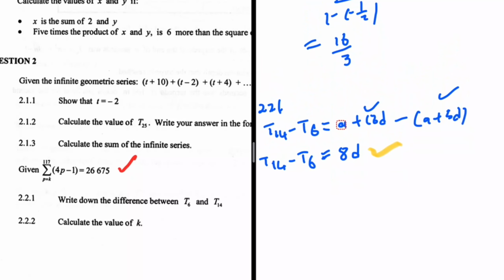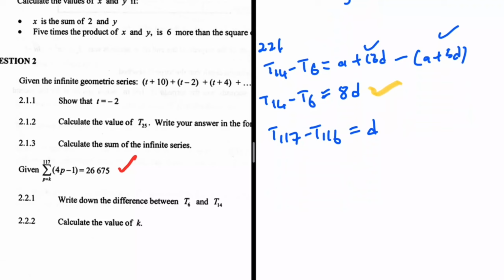So T117 minus T116 should give us D. Right, the difference between T117 and T116 should be D. So 4 multiplied by 117 minus 1, minus 4 multiplied by 116 minus 1 should be equal to D. So let me put that in my calculator. 4 times 117 minus 1, 467.